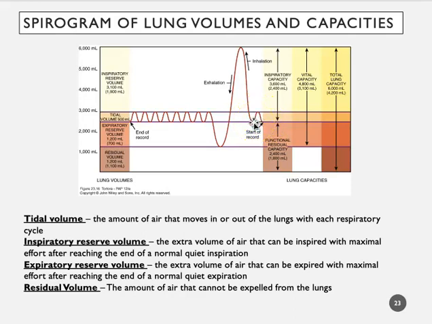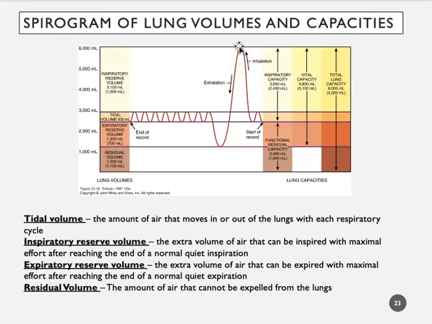That's 1 tidal volume. Then your inspiratory reserve volume, right here, is the extra amount of air that can be inspired with maximal effort after reaching the end of a normal quiet inspiration. So if we go from here, we have a normal inspiration in, out, in, and then all that extra that you could possibly breathe in, that's your inspiratory reserve volume.